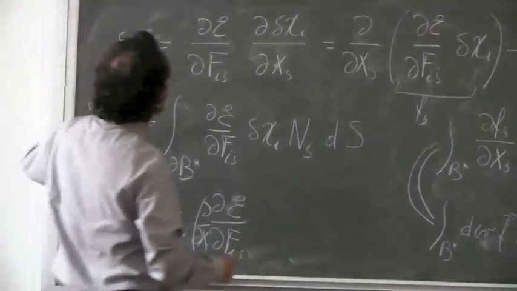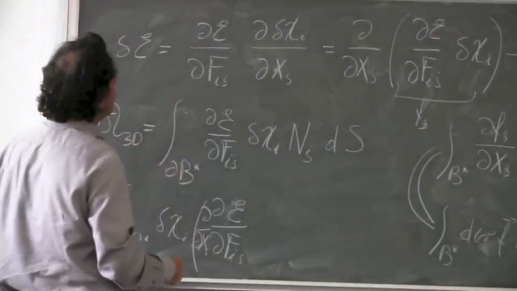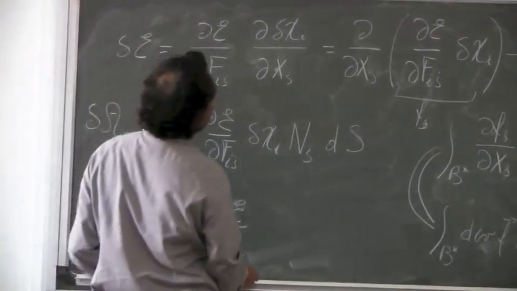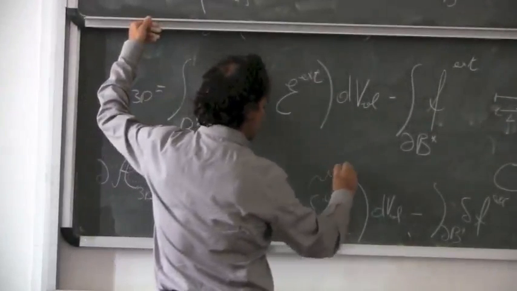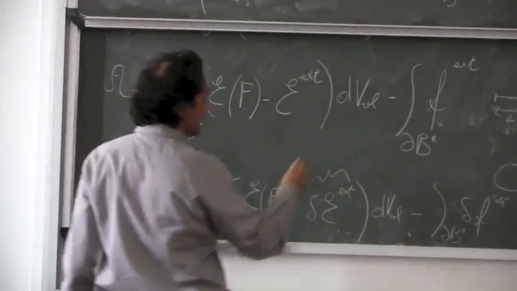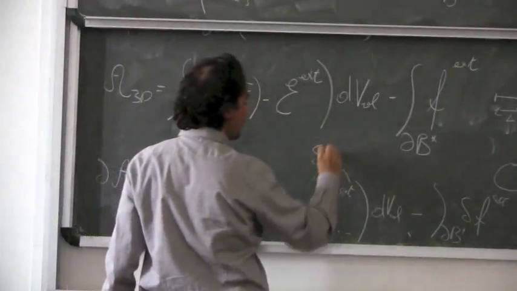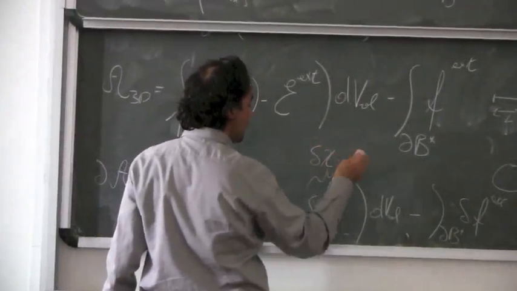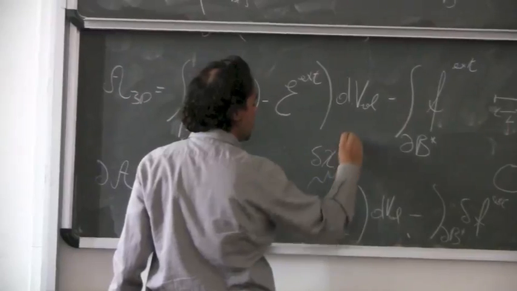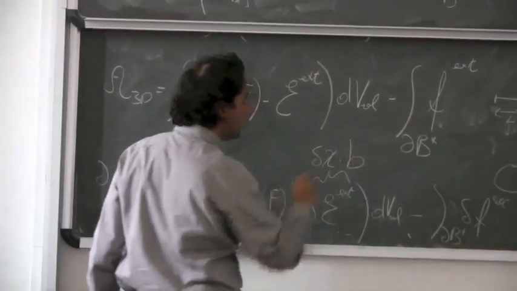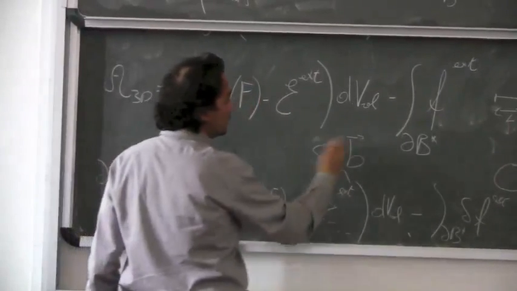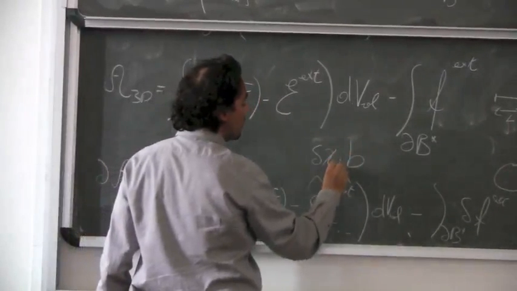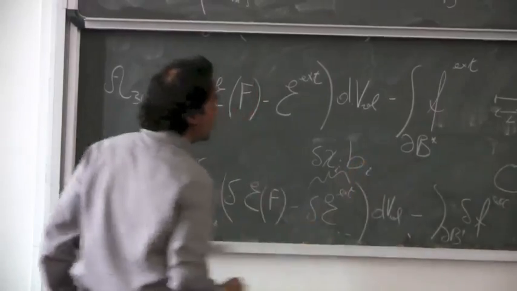Now, if we say that this part is nothing else than the scalar product of delta x and a certain vector b, these are both vectors, that in index notation we can say i and i.